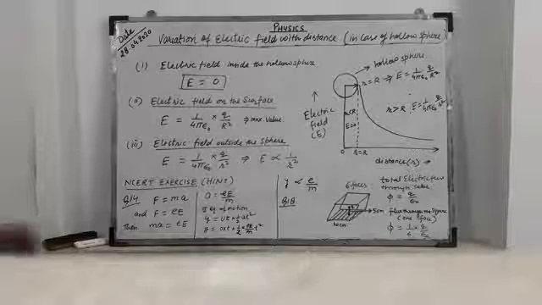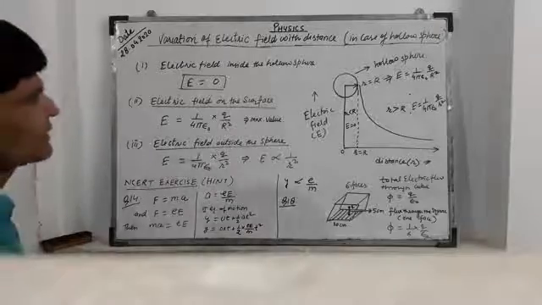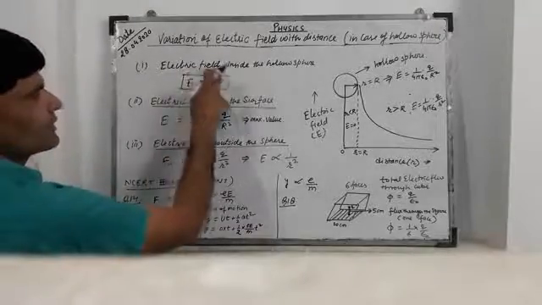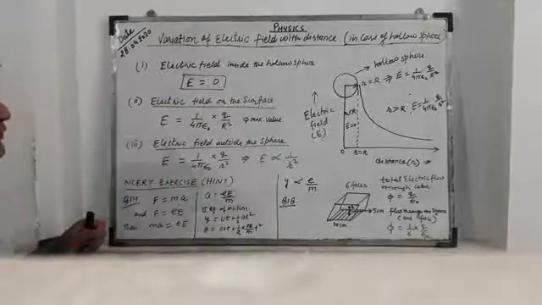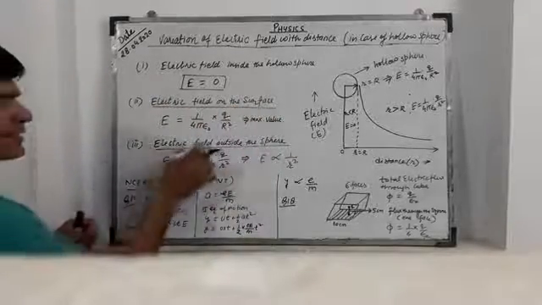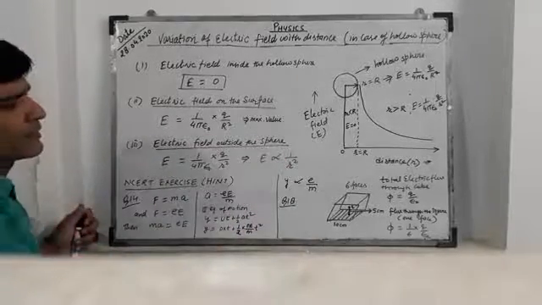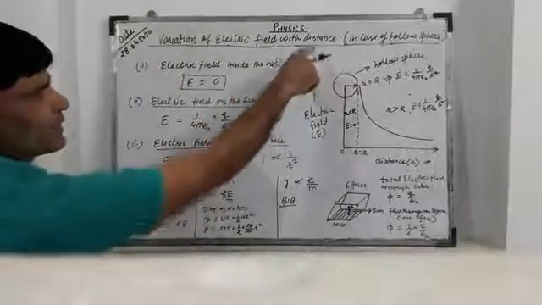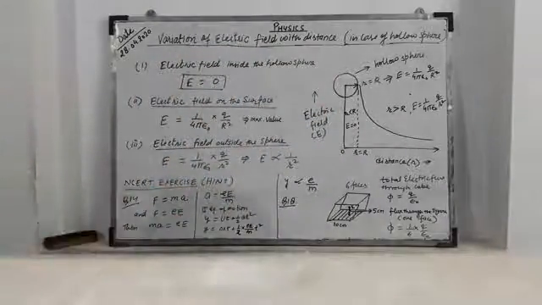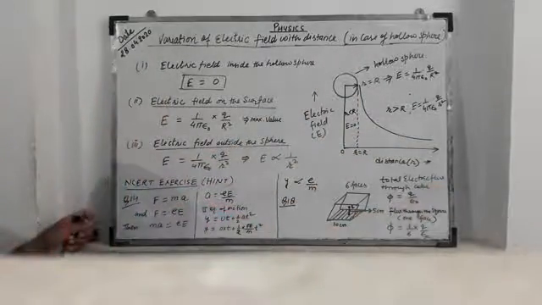In the third application of Gauss law, we have three cases: electric field inside the hollow sphere, electric field on the surface of the hollow sphere, and electric field outside the hollow sphere. Okay. So the variation of electric field with distance in case of hollow sphere is represented by this graph.